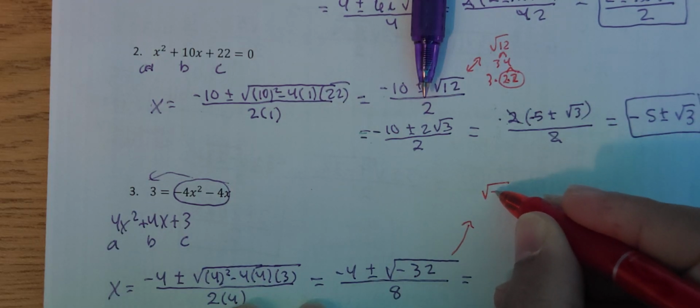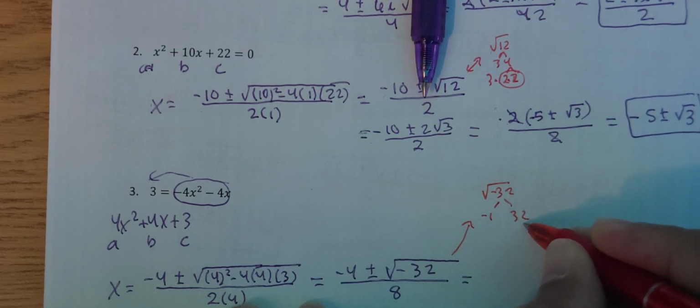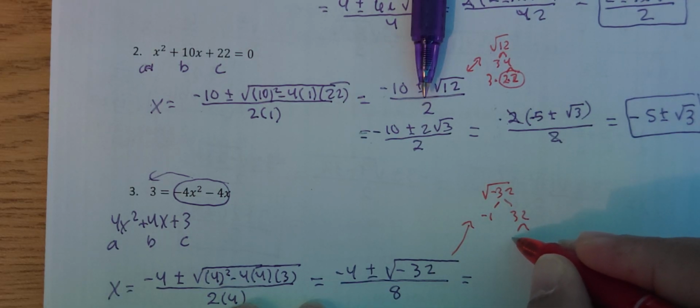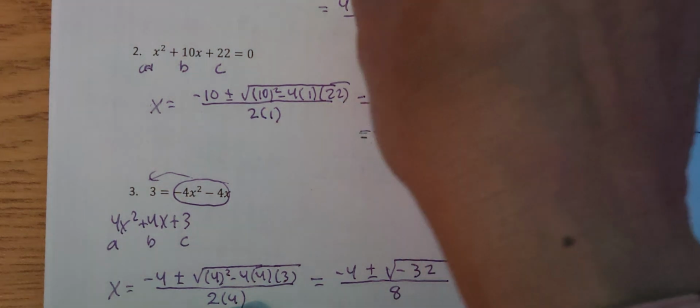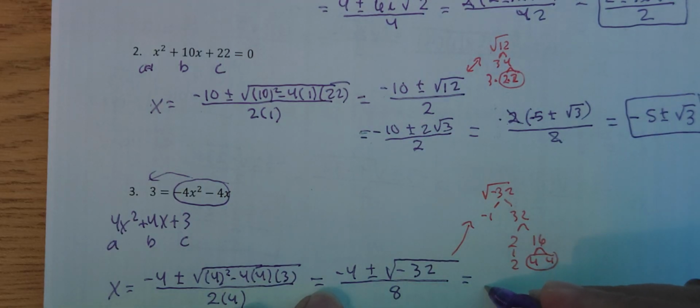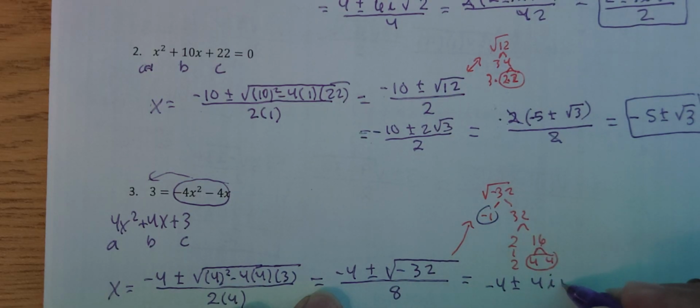We have the square root of negative 32. As you know, this is negative 1 times positive 32, and 32 we can do as 2 times 16, and then 16 is the same as 4 times 4. Since I have two 4s, I'm going to take out a 4. So then this becomes negative 4 plus or minus 4 coming out along with i, the square root of 2 stays inside, and all of this is over 8.